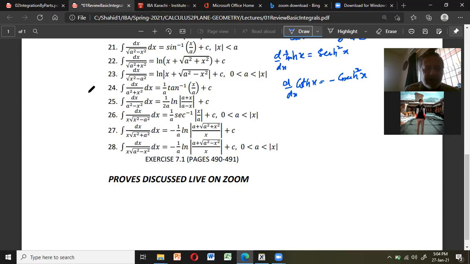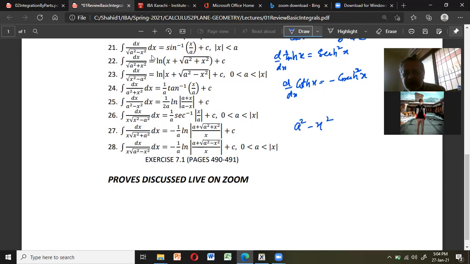Afterwards, we will have at some stage an article in the same chapter that discusses various substitutions for structures of the type a square minus x square. That means this structure. What will be the substitution for constant square minus x squared? What will be the substitution for constant squared plus x square? What will be the substitution for x square minus constant square? We will discuss that at a later stage where we can prove all these formulas.